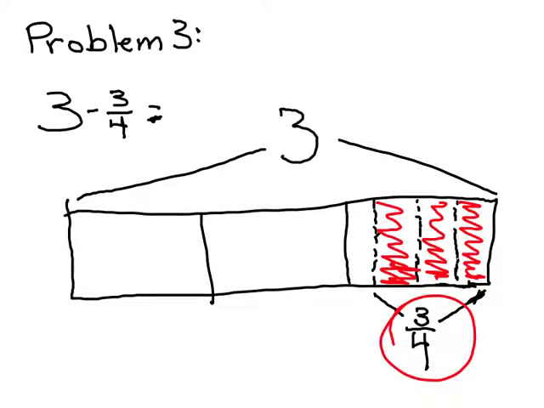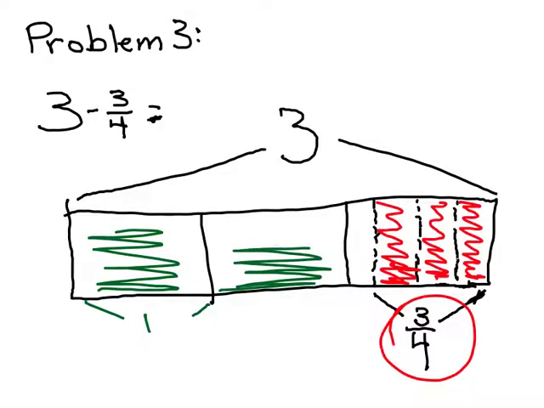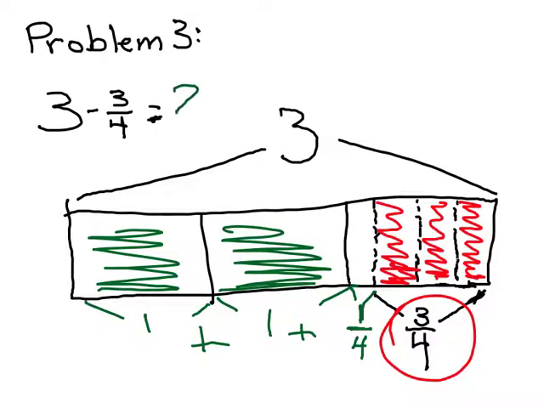What we end up with here is a new number. This is a 1. This is 1. And then this is a 1/4. So if we add all this up, we end up with an answer of 2 and 1/4.